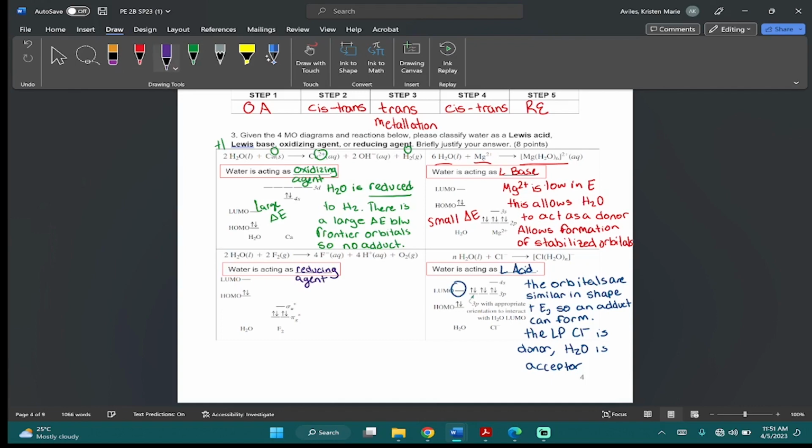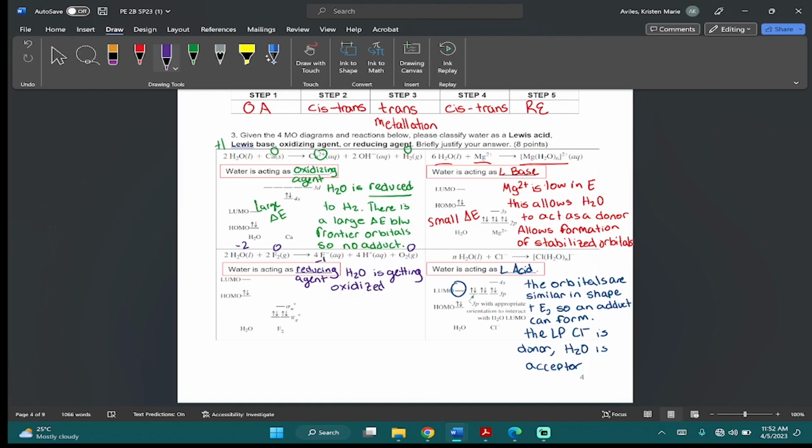So if we look at this one, we're going from H2O, which has a -2 on our oxygen, to O2, which is 0. So we're increasing the oxidation state. Our H2O is getting oxidized. And then F2 is going from 0 to -1, so fluorine is getting reduced.